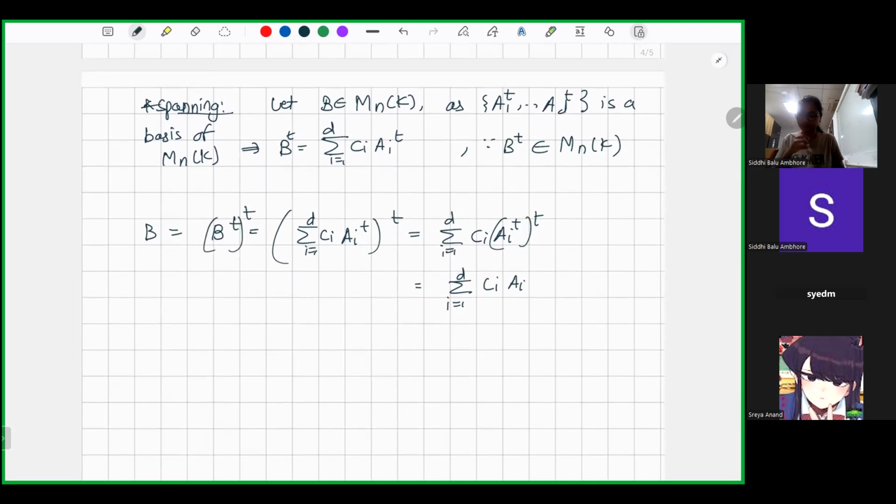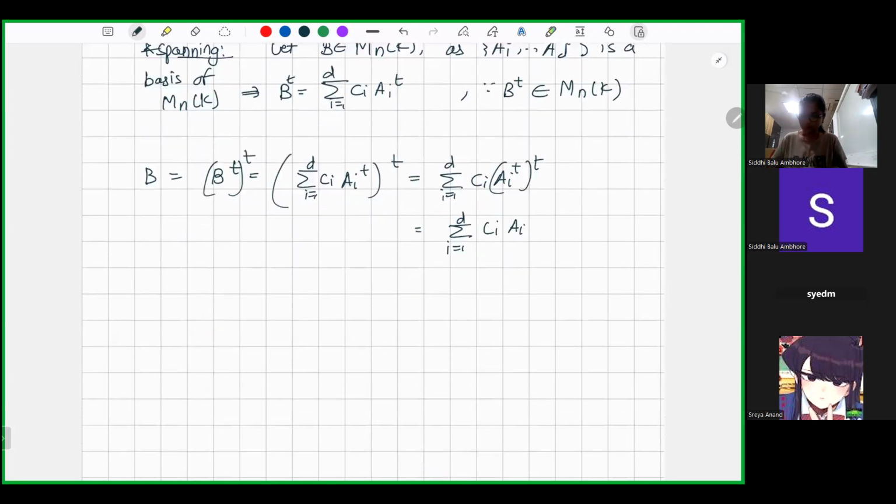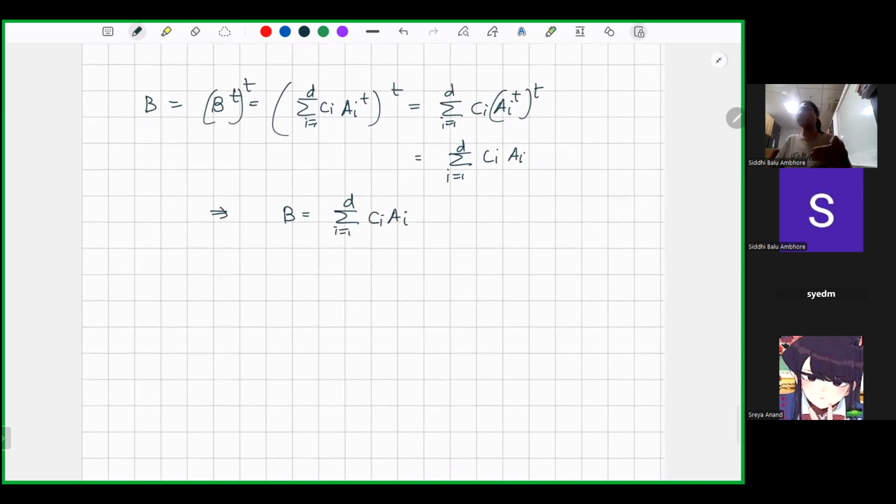So B transpose is this, which we take the transpose of, and now this implies that B is summation i from 1 to D Ci Ai. Okay, so we got B as a linear combination of the Ais.